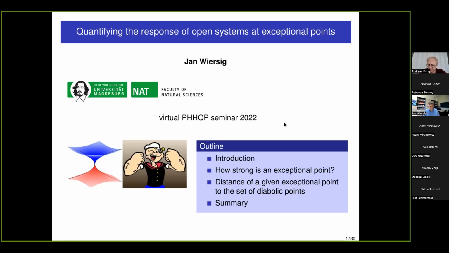So let me now. No, I cannot switch to the next slide. Try just using a down arrow. Yes, this is what I've done. No, I can't use this. No, I cannot.